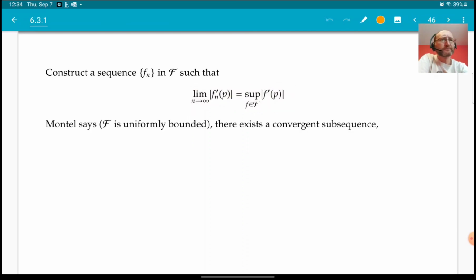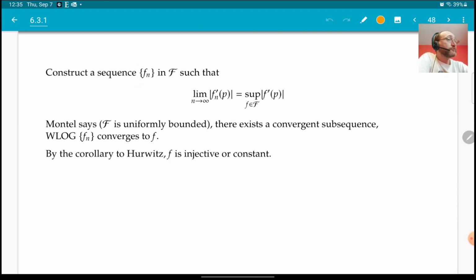At this point you could assume it's infinite, but it's not going to be infinite. So Montel says that there exists a convergent subsequence. So also generally, suppose that this actually converges to some function f.